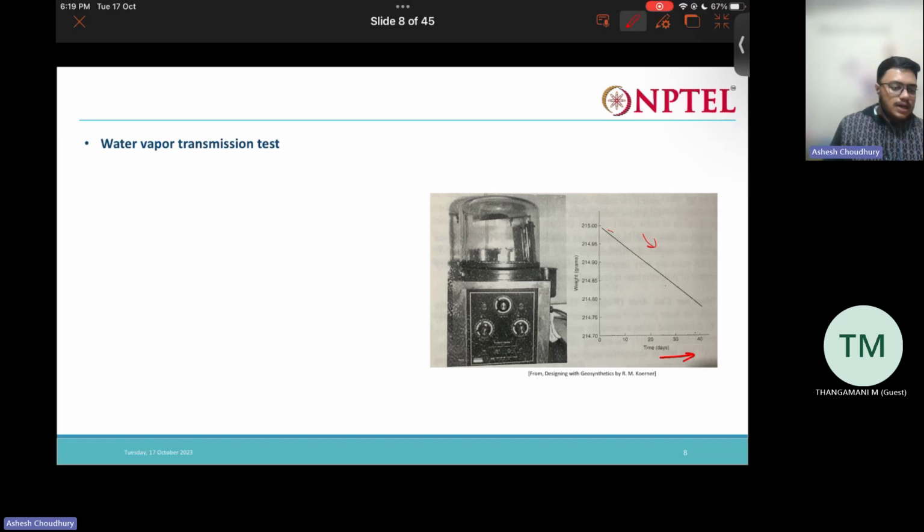So, how is the water vapor transmission represented?